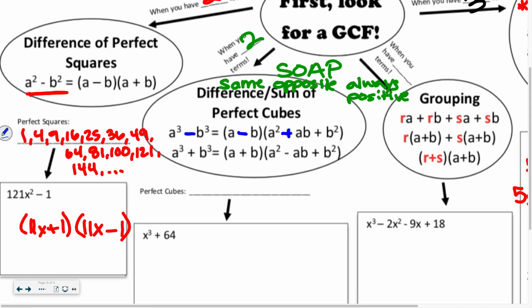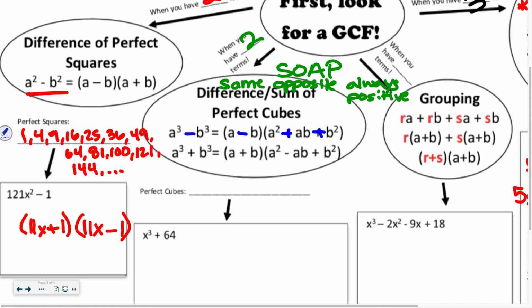And then the last term is always positive. That's positive. Okay, so a difference is going to be same, opposite, always positive: negative, positive, positive. A sum is going to be same, opposite, always positive: plus, minus, plus. Okay, and then I just drop in my terms.